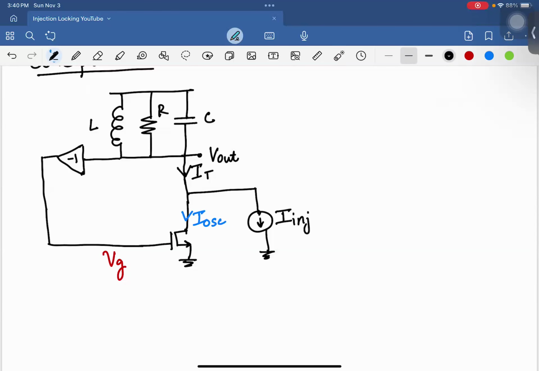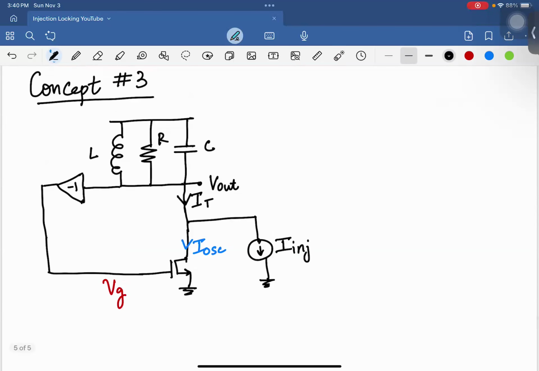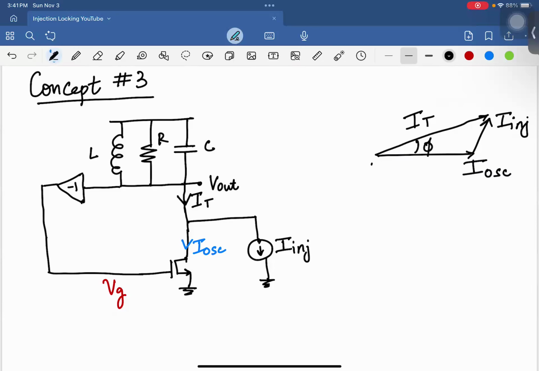So why does that introduce a phase shift? Just use KCL and you'll see that. So if I injection and I oscillation have different phases at a specific frequency, then from KCL, I oscillation plus I injection should be equal to IT, right? So now you essentially introduce the phase shift here of phi naught.